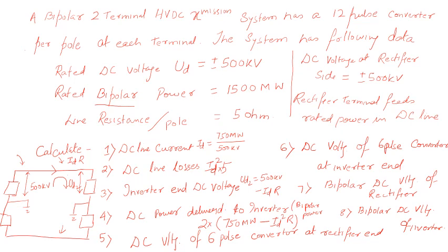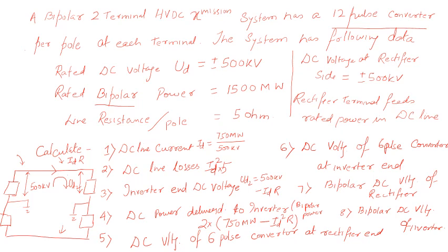Now next is the DC voltage of the 6 pulse converter at the rectifier. Whatever you have calculated right now is for your 12 pulse converter. If you have to calculate for a 6 pulse converter, just take half of that. So at the rectifier end you have 500 kV for 12 pulse.